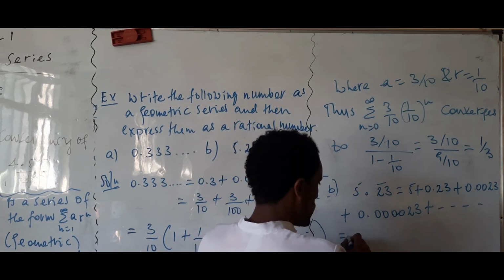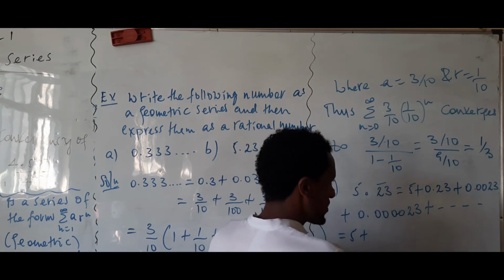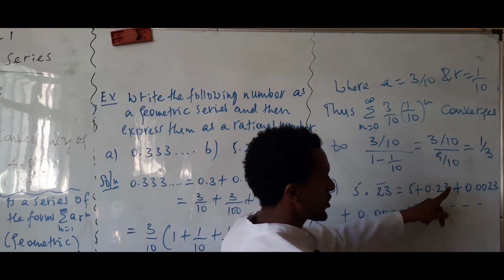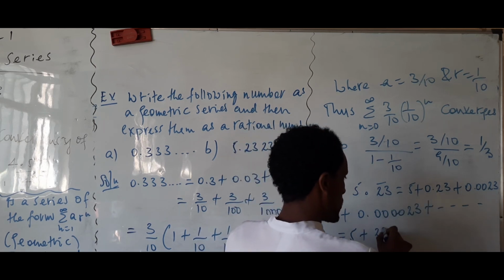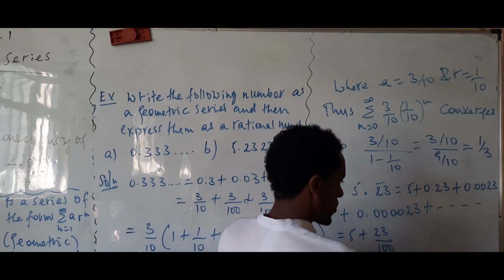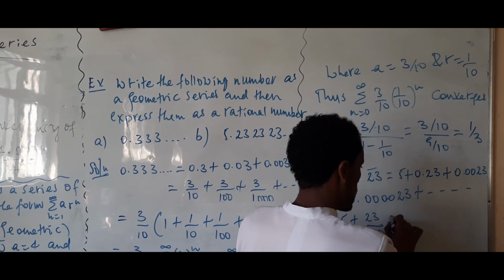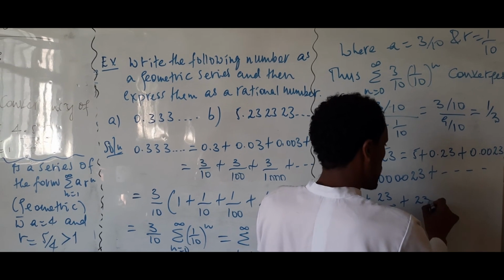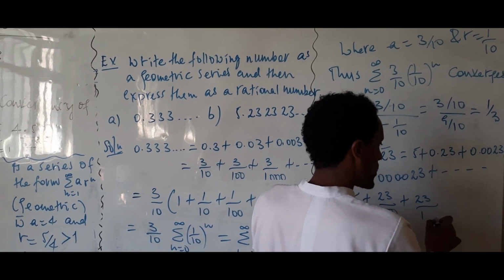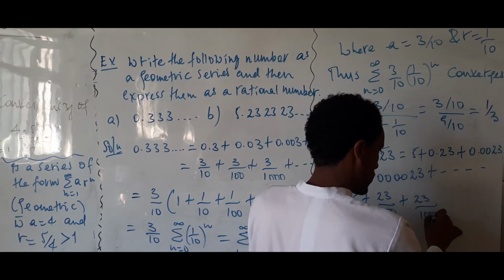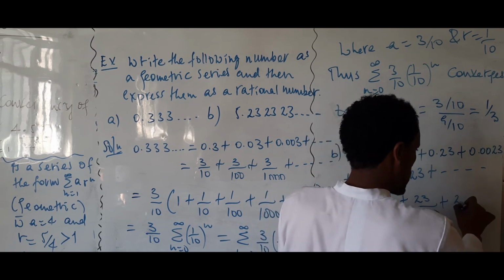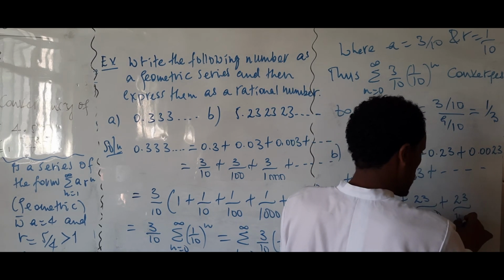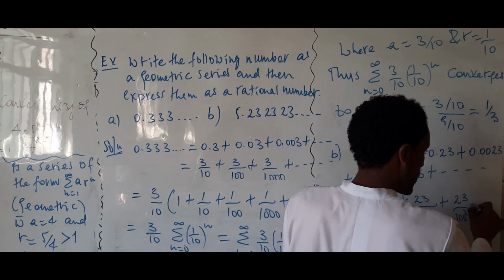That is equal to 5 plus 0.23, which is 23 over 100, plus this one is 23 over 100 squared, plus 23 over 100 to the power of 3 plus.